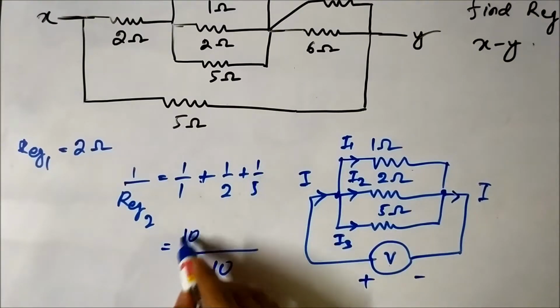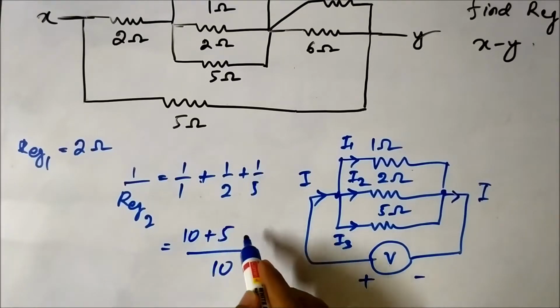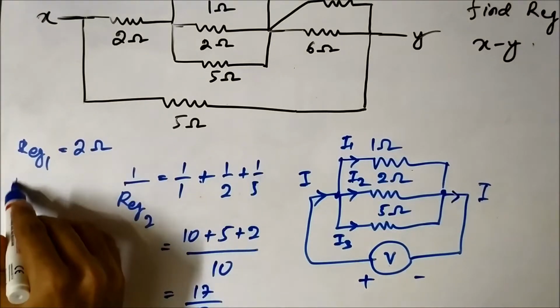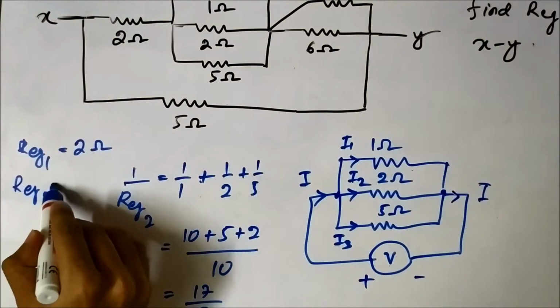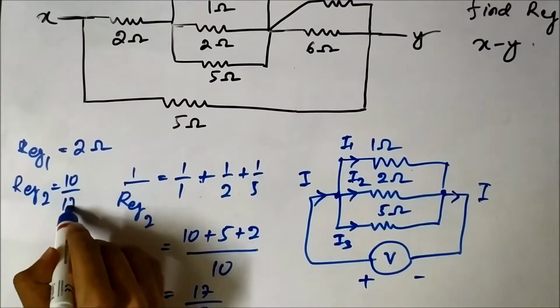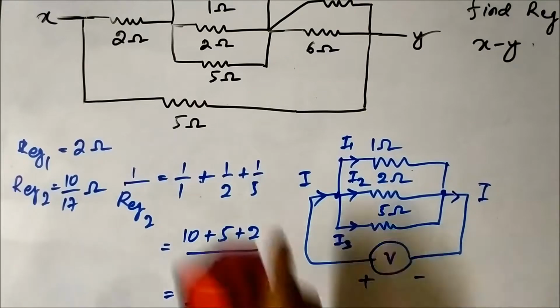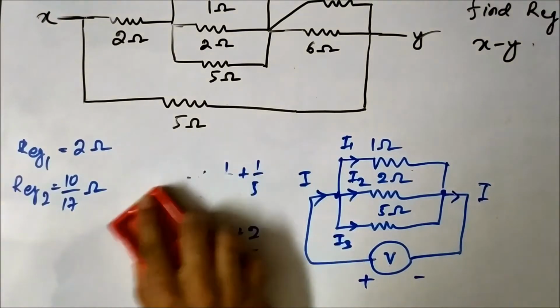So it will be 10 plus 5 plus 2, which is 17 by 10, or the reciprocal, R equivalent 2 is 10 by 17 ohm. So R equivalent 2 is equal to 10 by 17 ohm. Let me just remove this part.